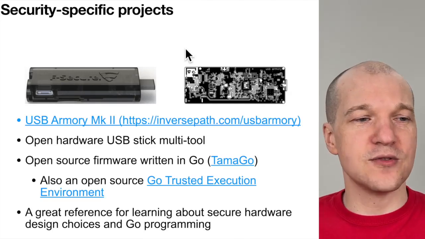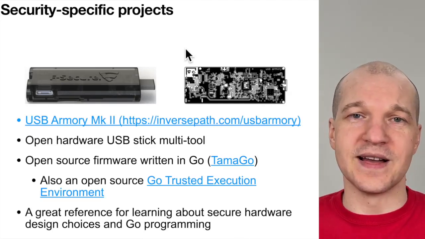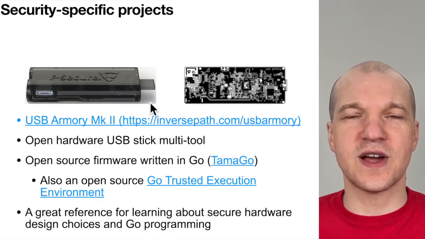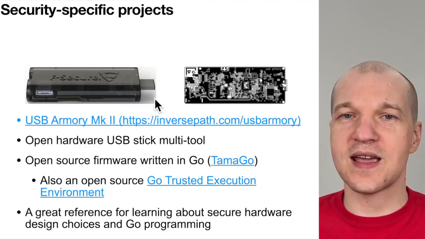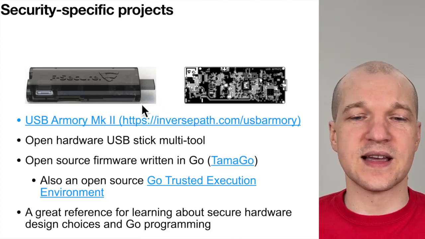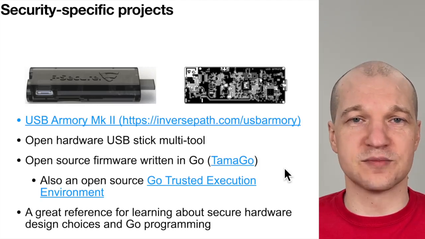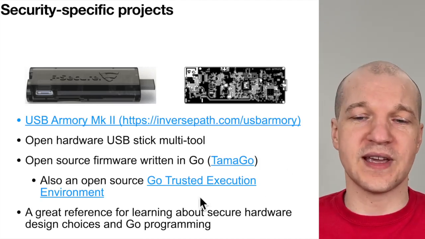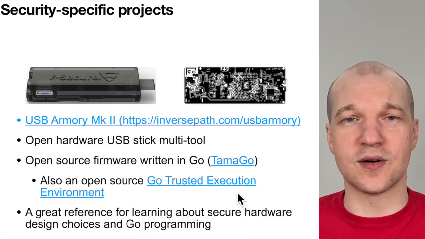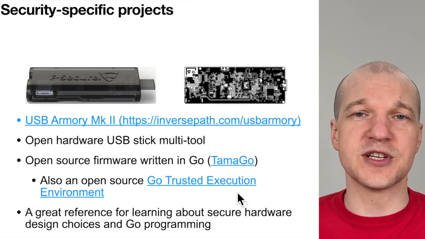And although it can do things like having an encrypted file system with true 2-factor authentication and stuff like that, it's also useful as an experimental platform for doing things like learning how to write secure bootloaders and firmware in Go, or building a trusted execution environment using things like TrustZone on an ARM SoC, a system on a chip.